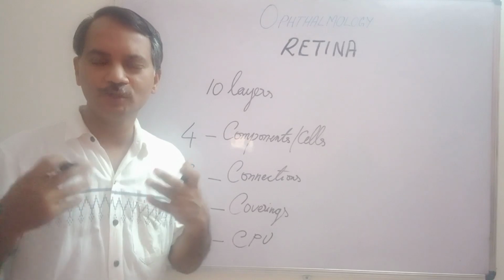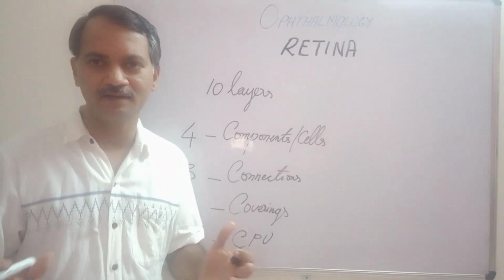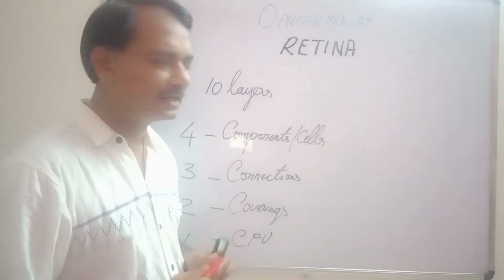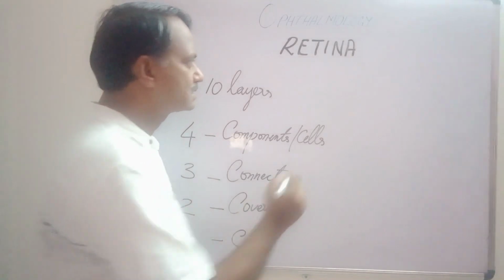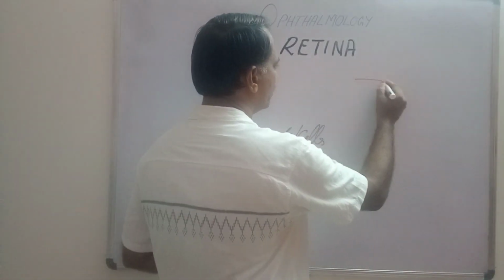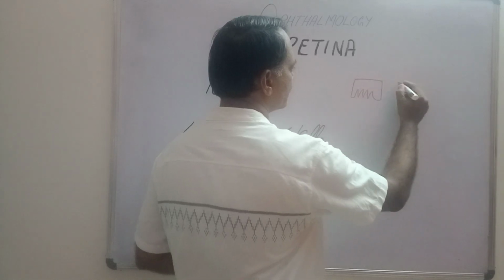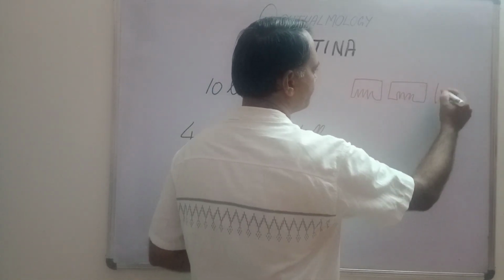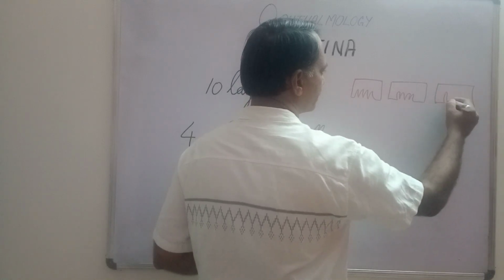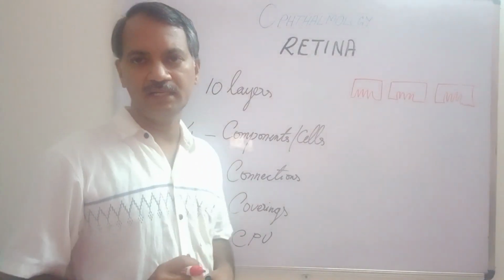Now let us learn to draw a simple anatomy of the retina. Anatomy of the retina can be drawn like this. We know that there are 4 components or cells. The first thing I am going to draw is the first cell, that is the retinal pigment epithelium.